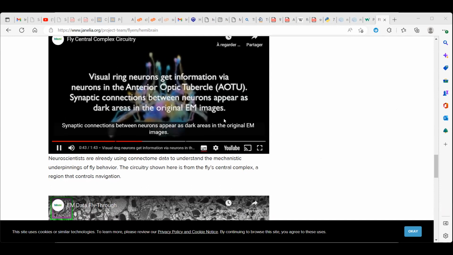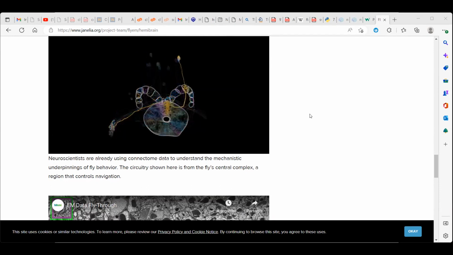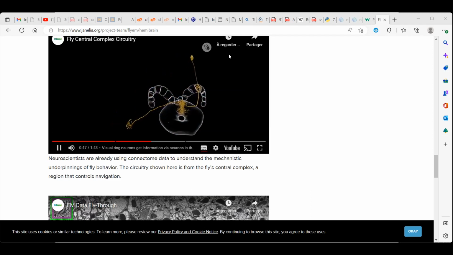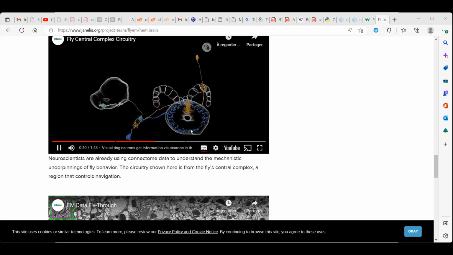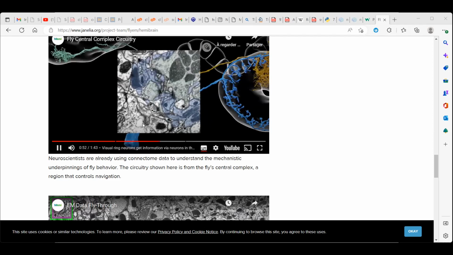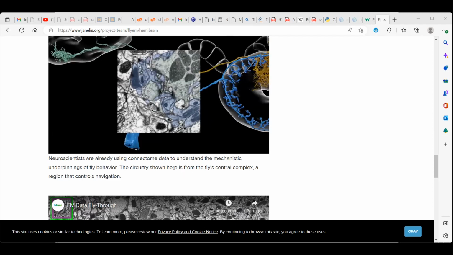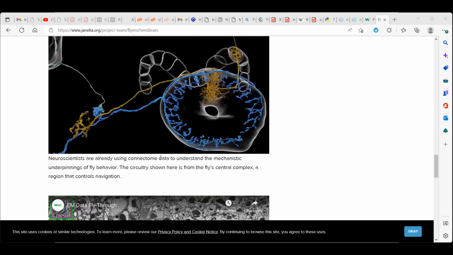You can have a look at all these things. That's very interesting. You can see the different parts. There's no sound, but you can have a look.